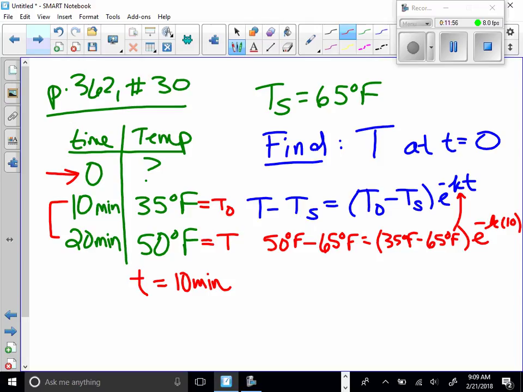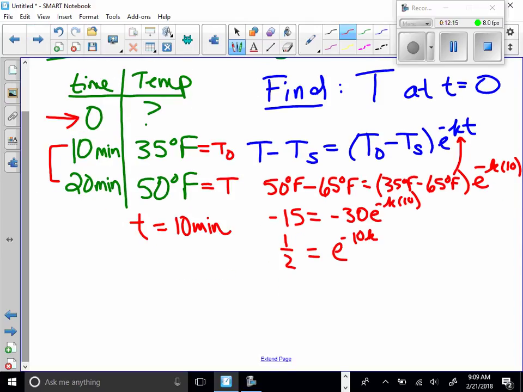Okay, so this is going to give us what? Negative 15 is negative 30, e to the negative k times 10. So that gives me e to the negative 10k is a half. So wait, what? Definitely, you're going to have to use natural log.